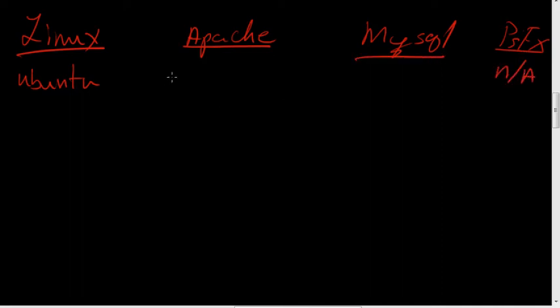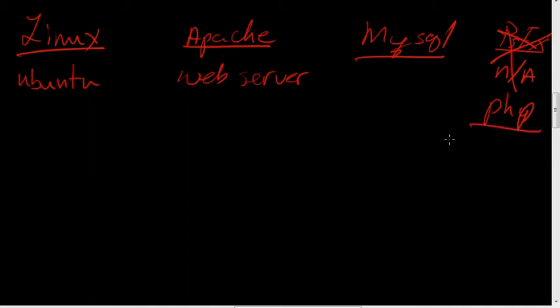So, what is Apache? It is a web server. Actually, on second thought, I do have Postfix installed, but it's not Postfix in LAMP. It's PHP. There's the other one. That's a programming language.